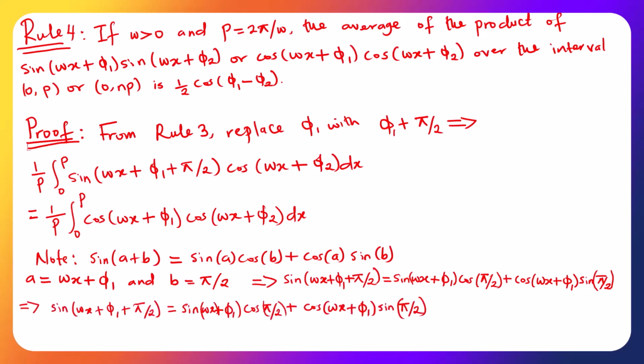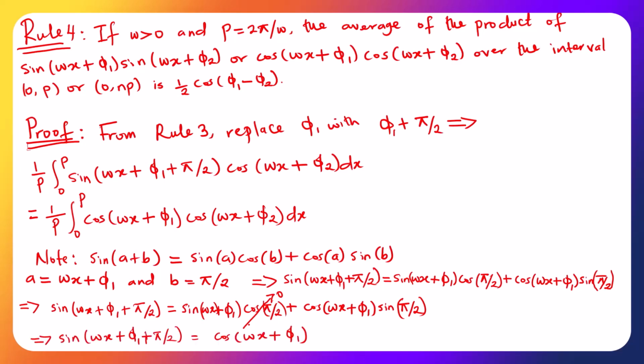So this implies that the sine of omega x plus phi 1 plus pi over 2 is equal to sine of omega x plus phi 1 cos pi over 2 plus cos of omega x plus phi 1 sine of pi over 2. So we know that cos of pi over 2, that is cos 90, gives us 0.